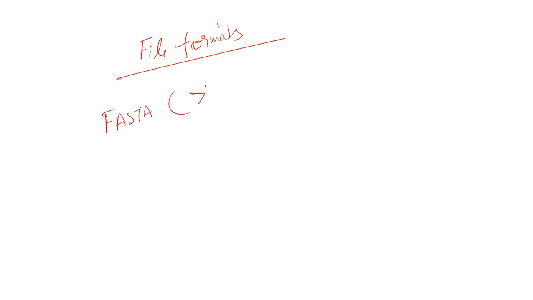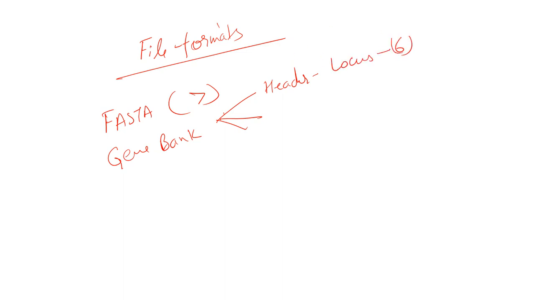It is just a greater than symbol. Then we went to GenBank. It contains 3 things: header, feature, and origin. The header contains the locus, and the locus contains 6 things that you can go and read. The feature contains the CDS, and the origin contains the sequence.